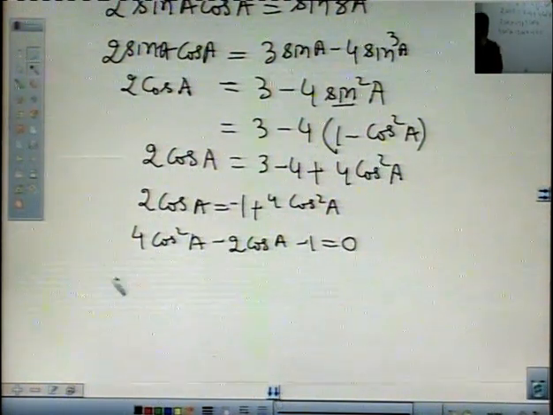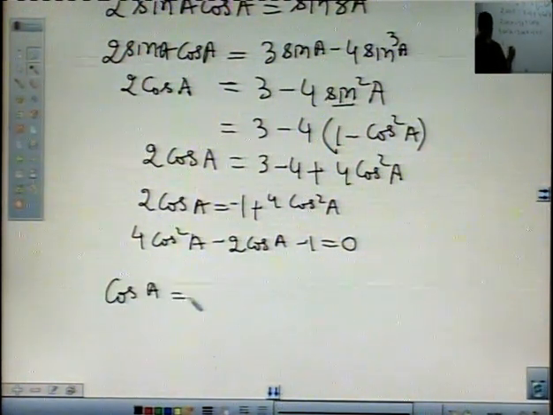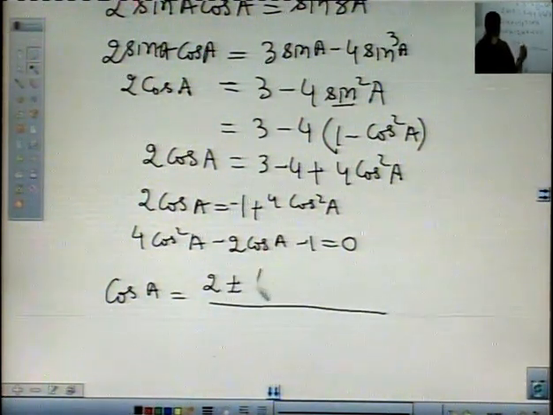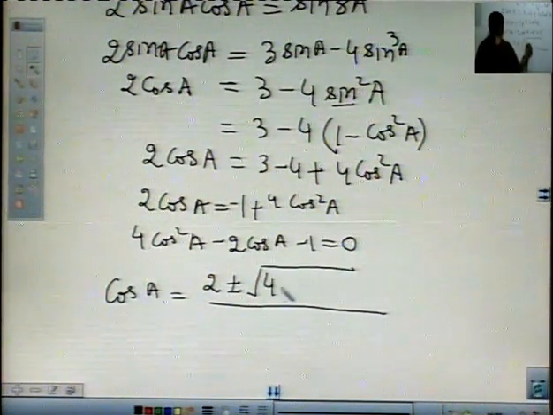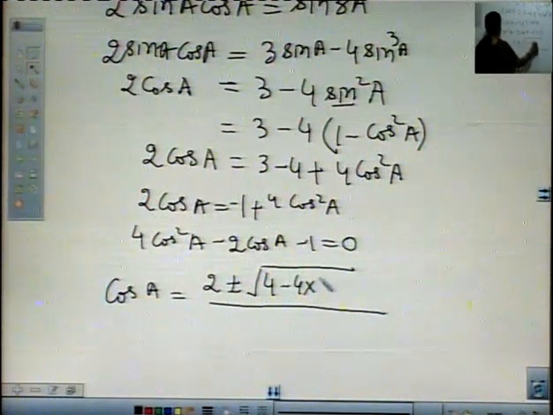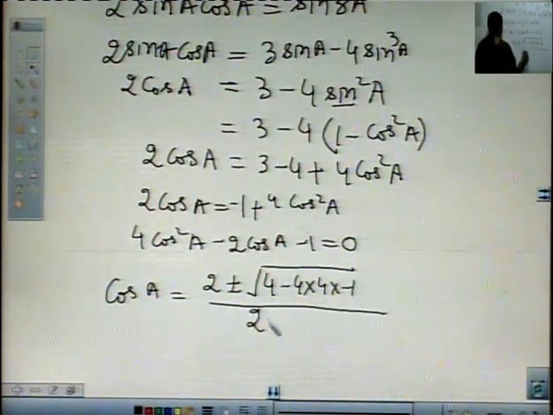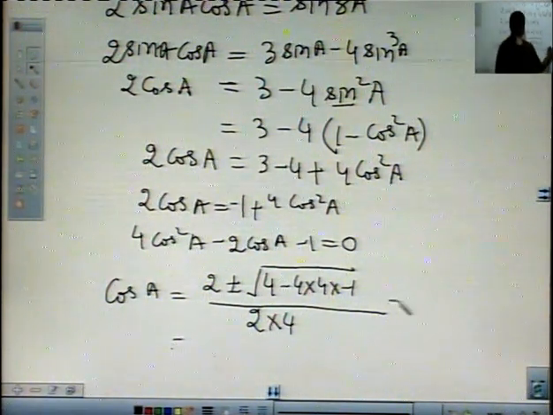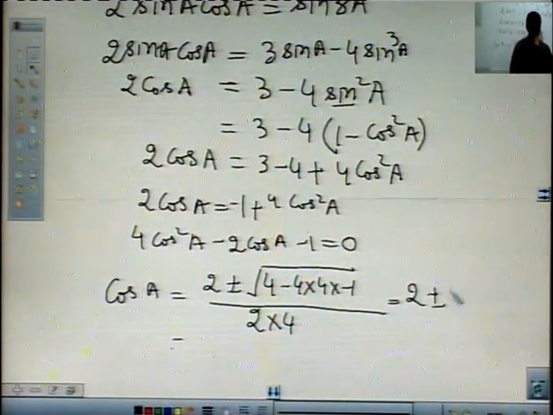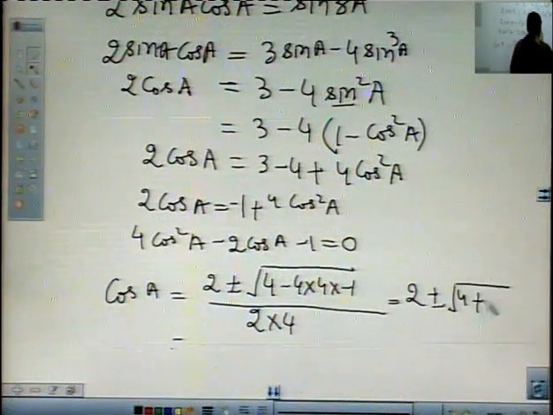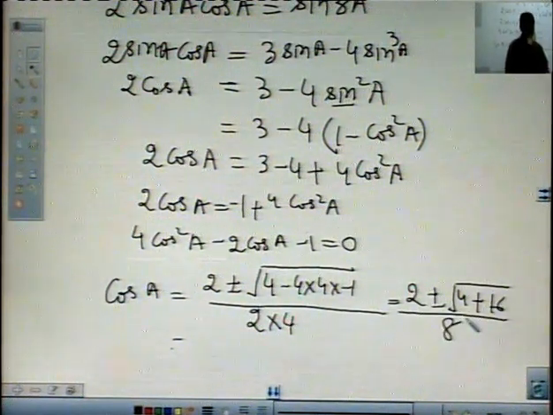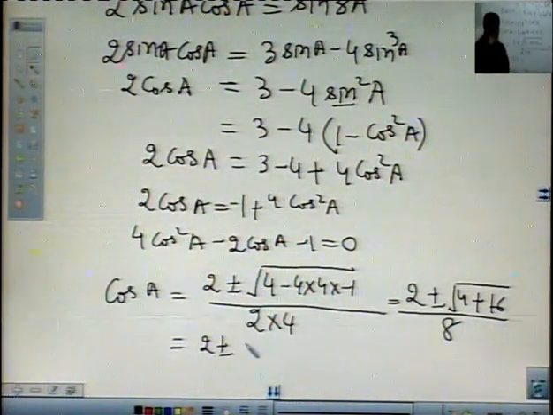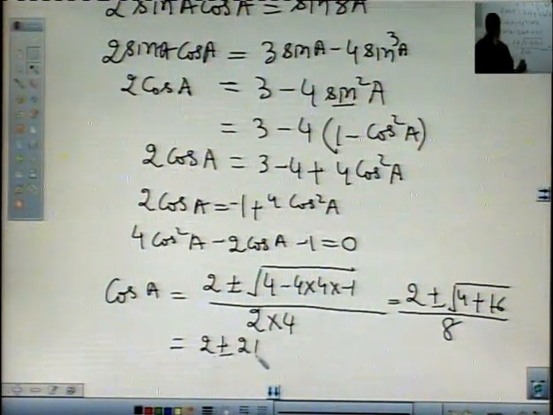By solving with the quadratic formula we get cos A is equal to minus b plus minus root of b square minus 4ac upon 2a, which is 2 plus minus root of 4 plus 16 upon 8. 4 plus 16 is 20, and 4 fives are 20.